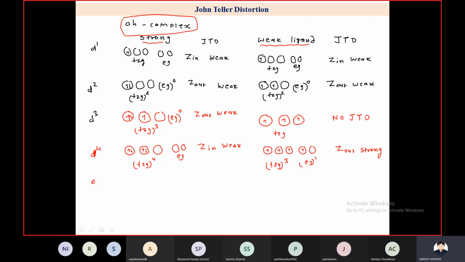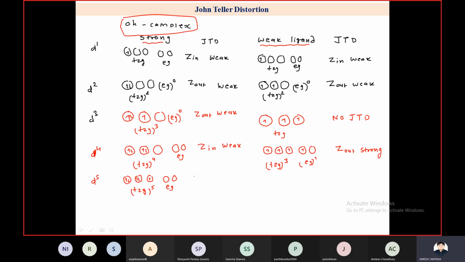Now what about D5? If it is a strong ligand, then T2G will be unsymmetrical. EG has 0 electrons.